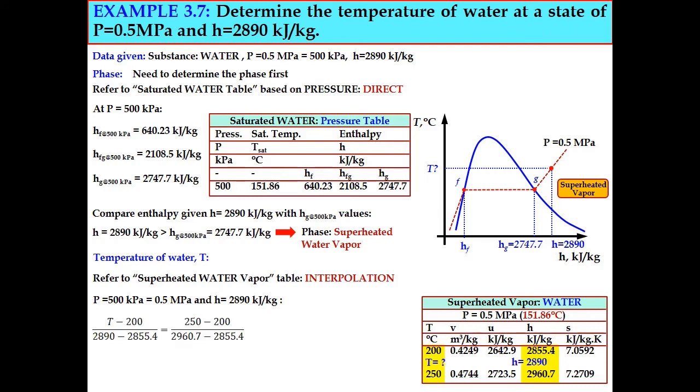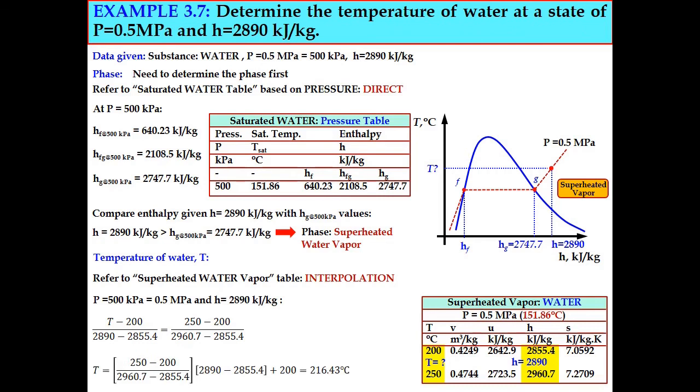Using the interpolation calculation based on the gradient formula, we have T minus 200, because the temperature that we will obtain is in between 200 and 250. T minus 200 divided by 2890 minus 2855.4 equal to 250 minus 200 divided by 2960.7 minus 2855.4.